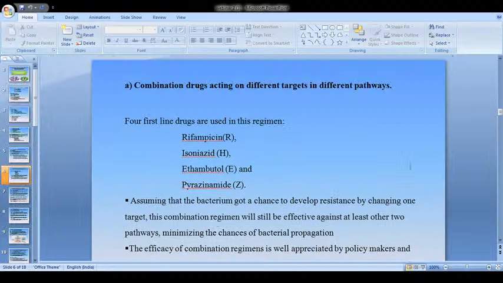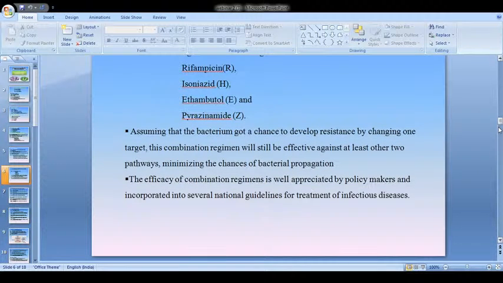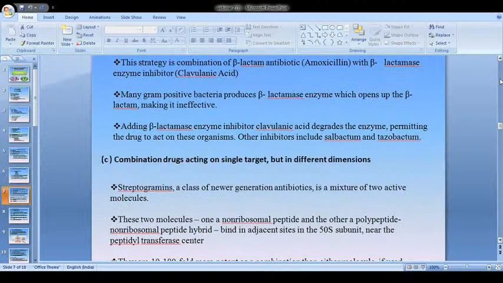So the efficacy of combinations guides the treatment of various infectious diseases. Then the next one is combination drugs acting on different targets in the same pathway.